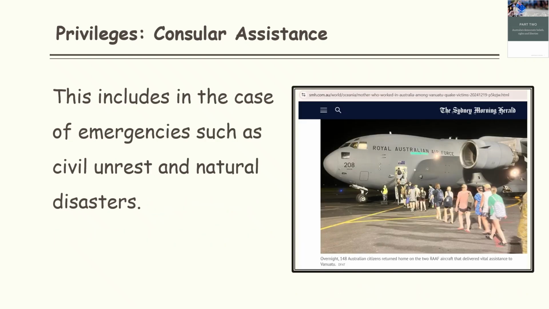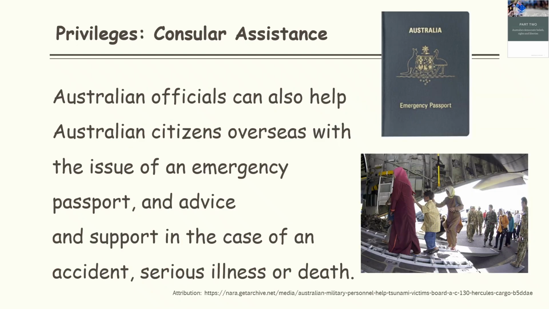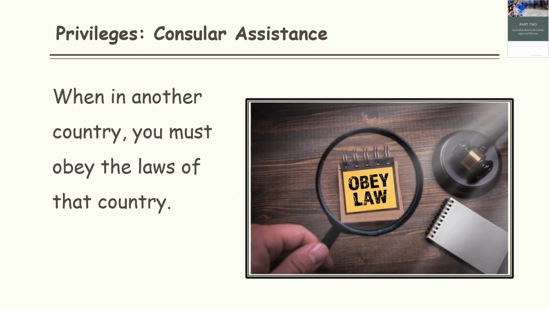This includes in the case of emergencies, such as civil unrest and natural disasters. Australian officials can also help Australian citizens overseas with the issue of an emergency passport and advice and support in the case of an accident, serious illness, or death. When in another country, you must obey the laws of that country.